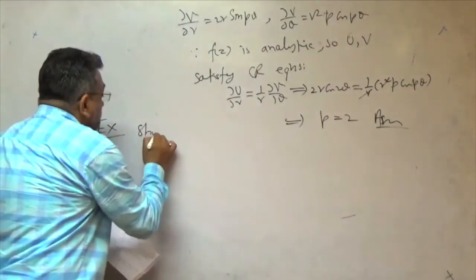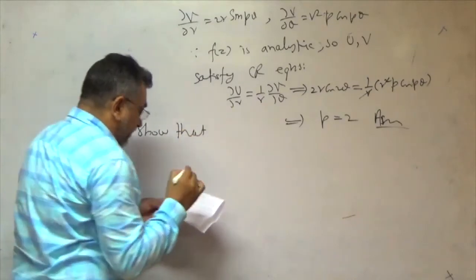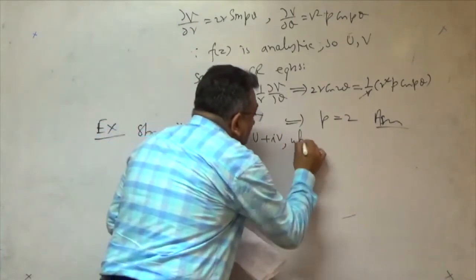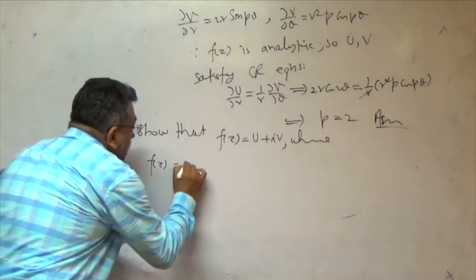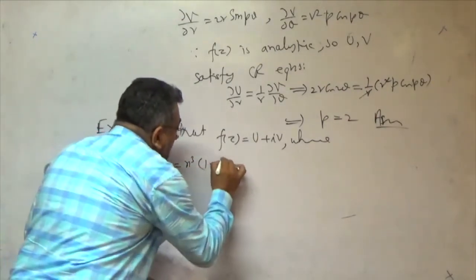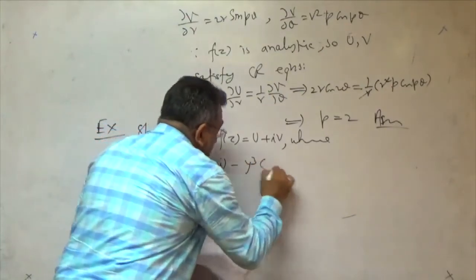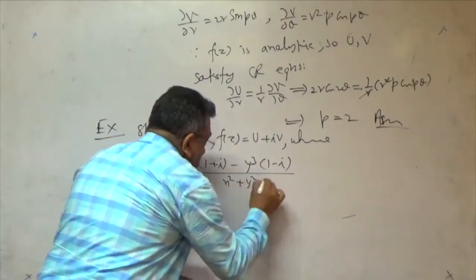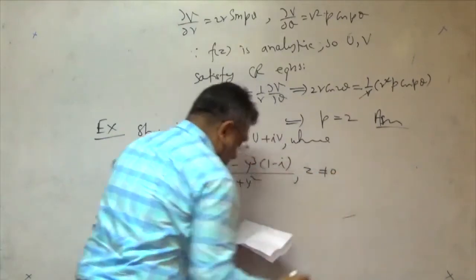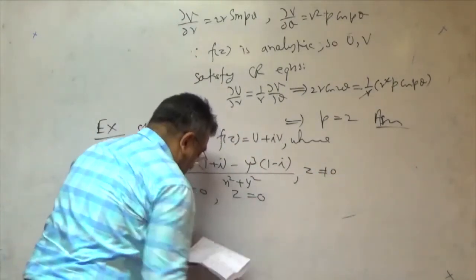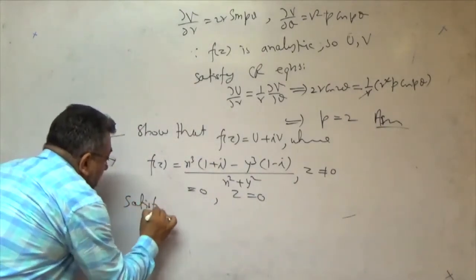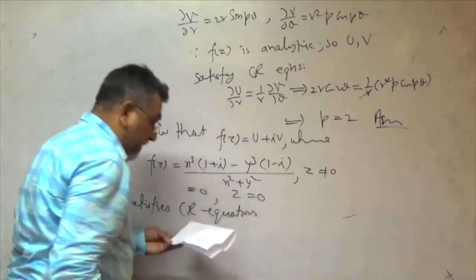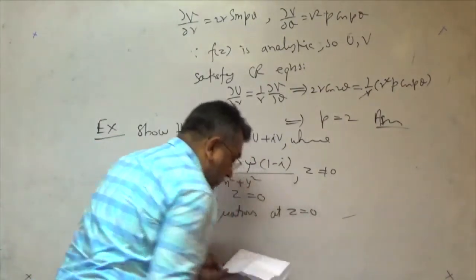Question is, show that the function f(z) = u + iv, where f(z) = (x³(1+i) − y³(1−i))/(x² + y²) when z is not equal to 0, and this is equal to 0 when z equals 0, satisfies the CR equations at z = 0.